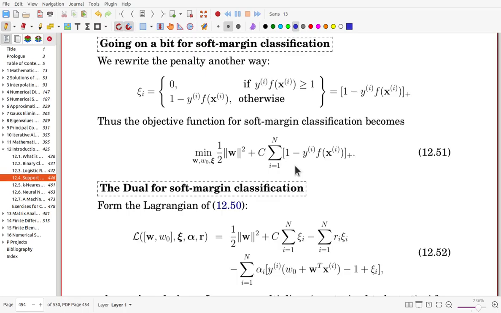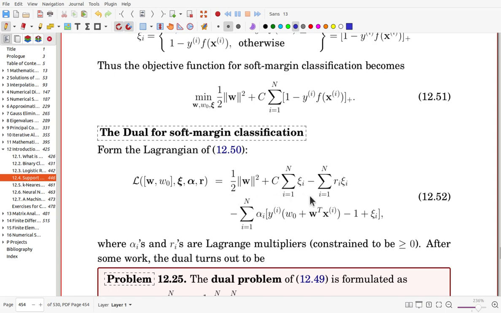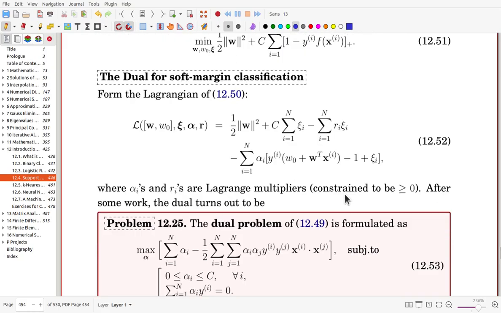And the Lagrangian is formulated in this way. Here is the original one. Then this portion comes from the constraint. And also for the slack variable, again, we have an extra Lagrange term.